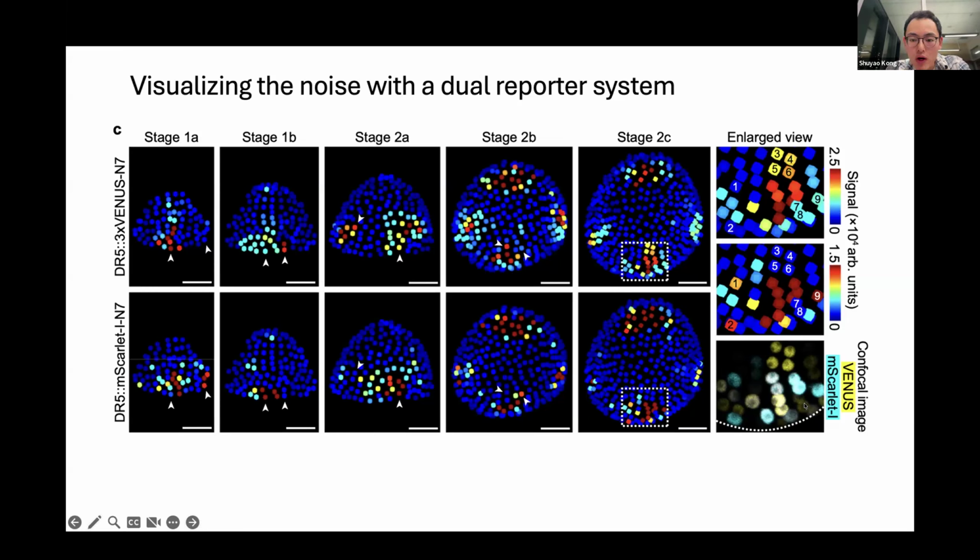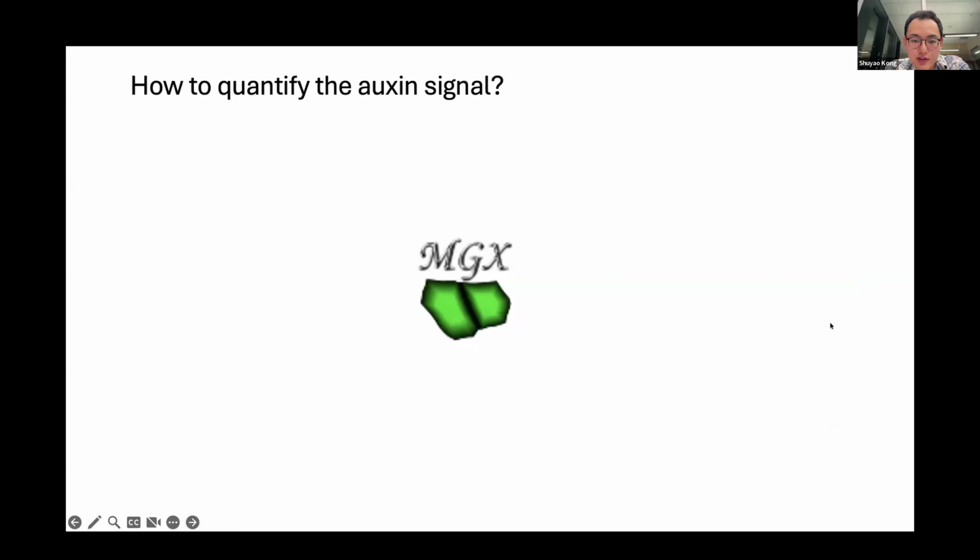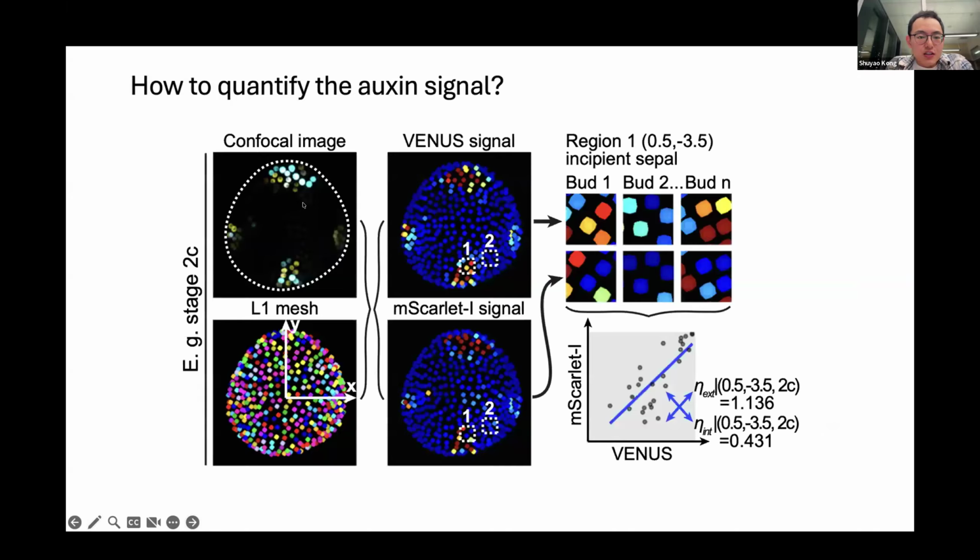And now I will show you how this is quantified in MorphoGraphX, how to quantify the auxin signal. As I told you before, in these plants we have a dual reporter. We have DR5 driving Venus and DR5 driving mScarlet, and both of them are nuclear localized.